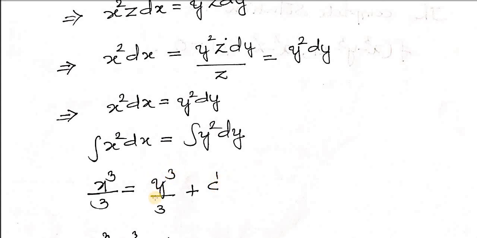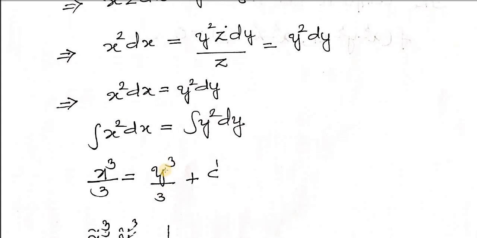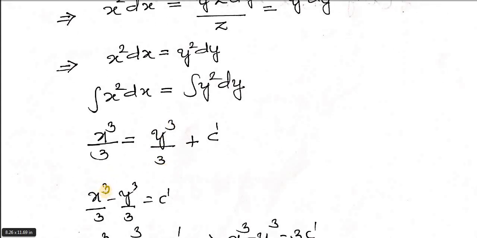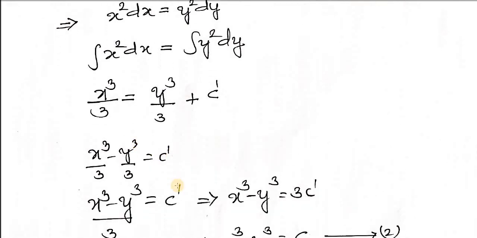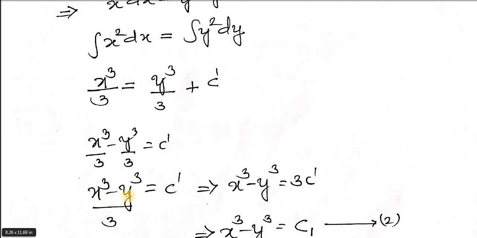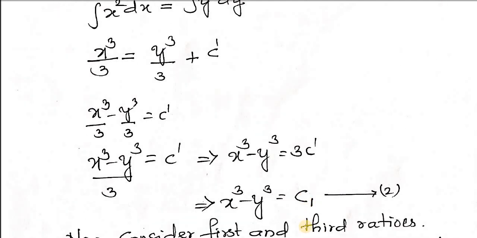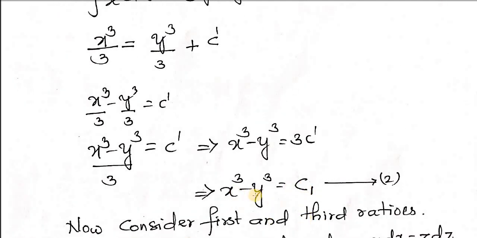Now I will take this on the LHS side, it becomes x cube by 3 minus y cube by 3 equals c dash. Taking LCM 3, x cube minus y cube by 3 equals c dash. Taking the 3 on the RHS, x cube minus y cube equals 3c dash. 3c dash I have chosen as c1. So the first solution is x cube minus y cube equals c1. Make it equation 2. This is the first solution.